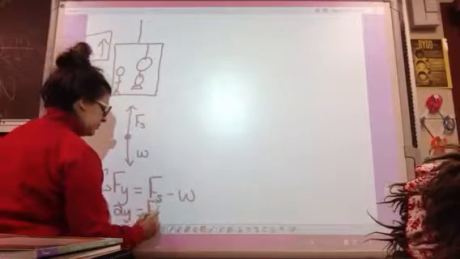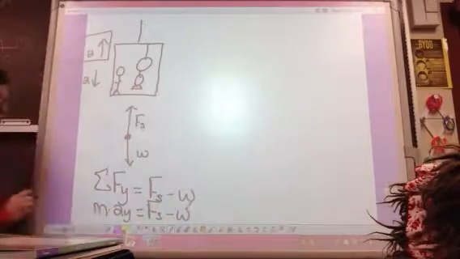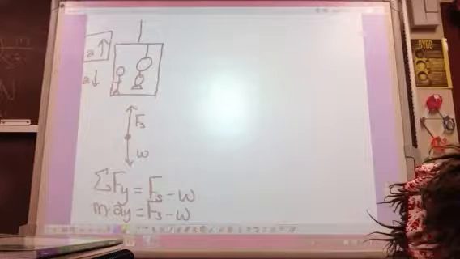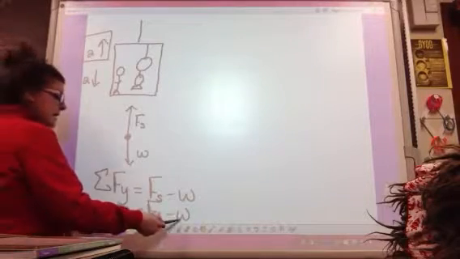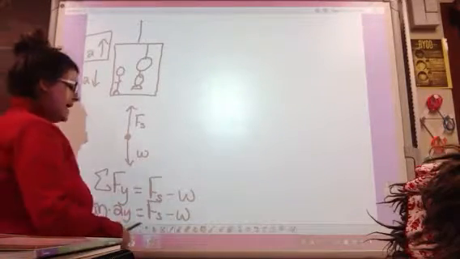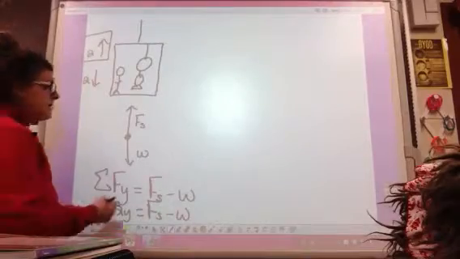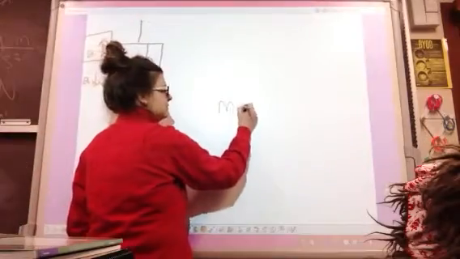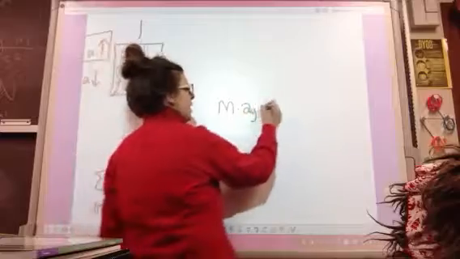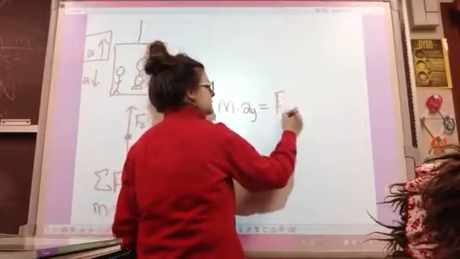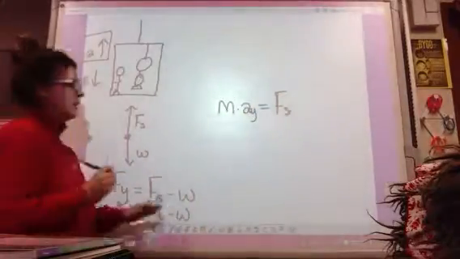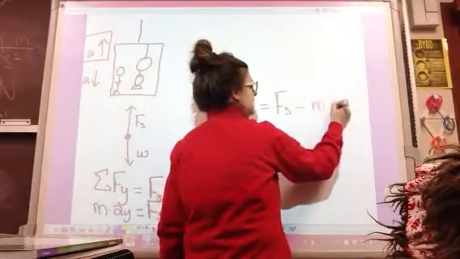And then that's going to be equal to the spring force minus weight. Okay, but I want to simplify that down further because I know that weight is equal to mass times acceleration due to gravity. So really I could write m times ay equals that spring force minus weight, which would be m times g.